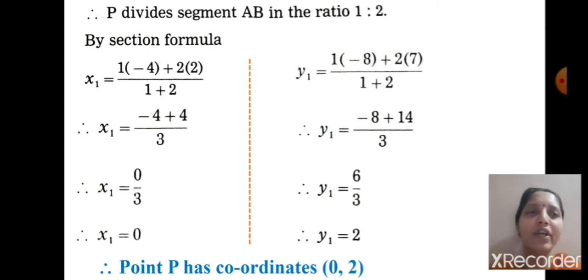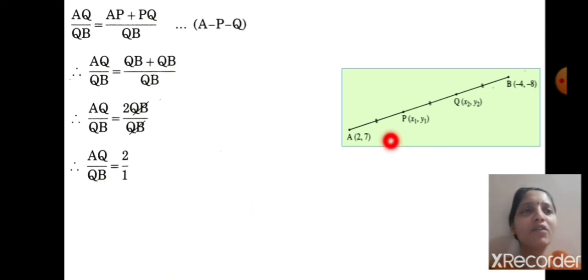Now let's find out the coordinates of point Q. Now here if you find out, point Q divides the segment AB in the ratio AQ upon QB. Yes. Now AQ, how can you write it down? AP plus PQ. So let's write here AP plus PQ upon QB. The reason is points A, P and Q are collinear points. Therefore AQ upon QB is equal to, now instead of AP and PQ we can write QB, since we have seen that AP is equal to PQ is equal to QB.